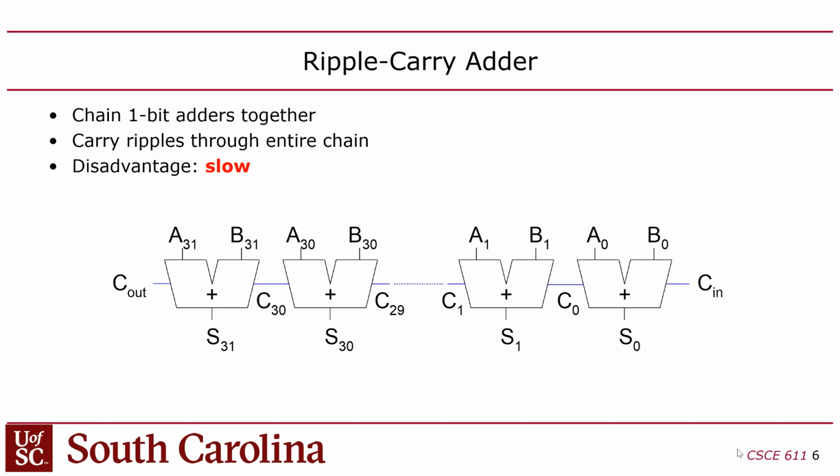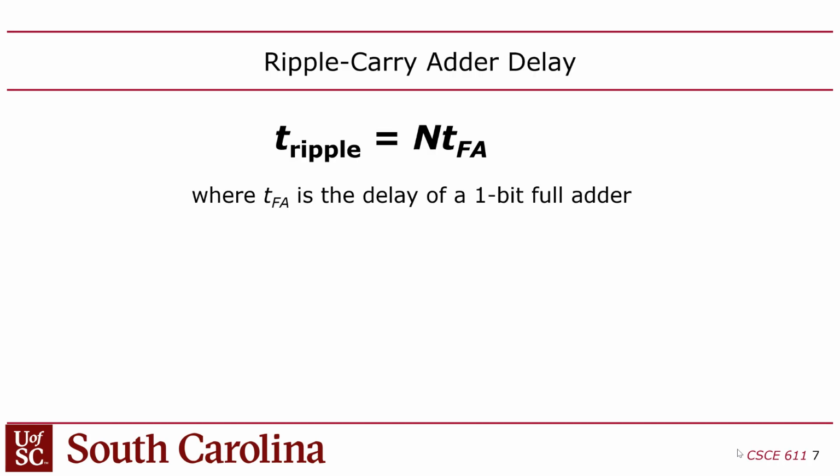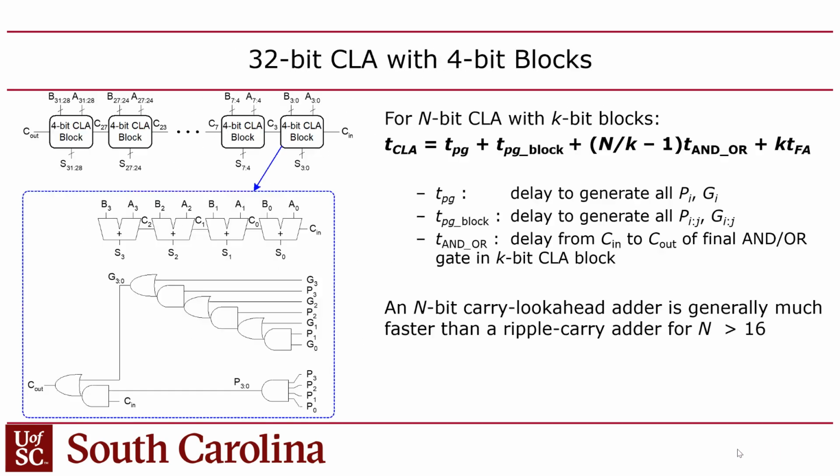The goal here is to break that chain. Instead of going from C in to C out, we want to be able to break that chain and shorten the path, right? So the way the carry lookahead adder works is it's going to take each group of 4, and you can set the group size differently, but in this case we're going to take each 4 columns in the ripple carry adder and put those into a group, right?